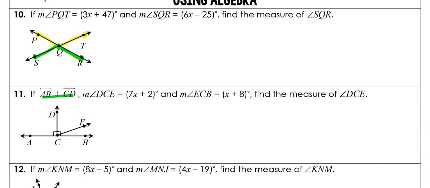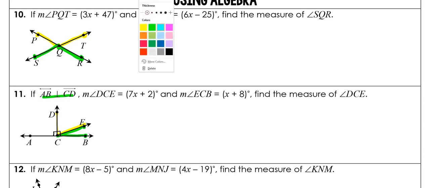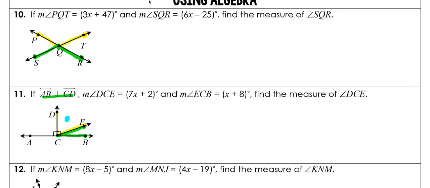And it's telling me that DCE gives me that value. And then it gives me ECB. So this one, this angle plus this angle are going to be equal to 90 degrees. Solve for that and then see what you get.